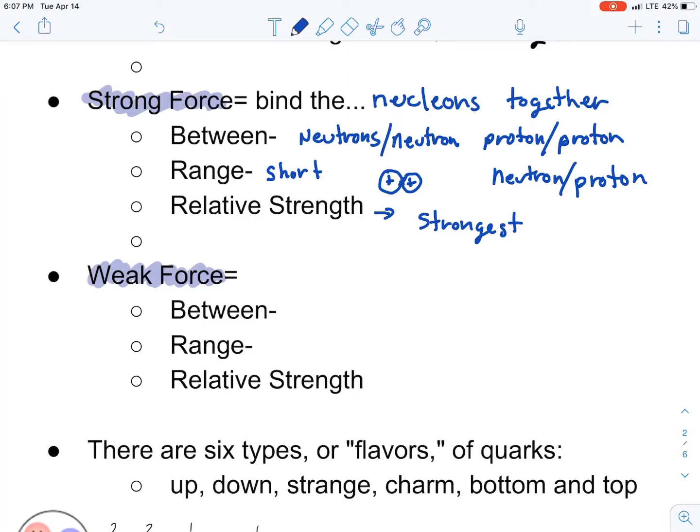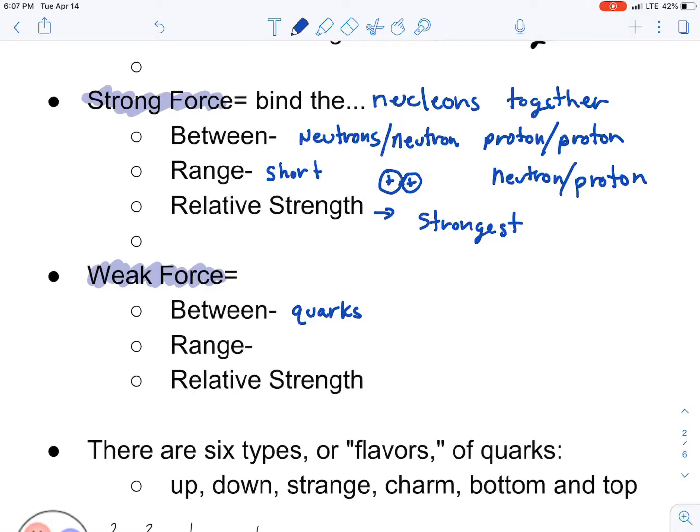So I used to think of it as the force between the quarks. And the quarks are those little teeny particles that make up the protons, the neutrons, and the electrons. Now, is that 100% correct? Probably technically not, but we're going to go with it.